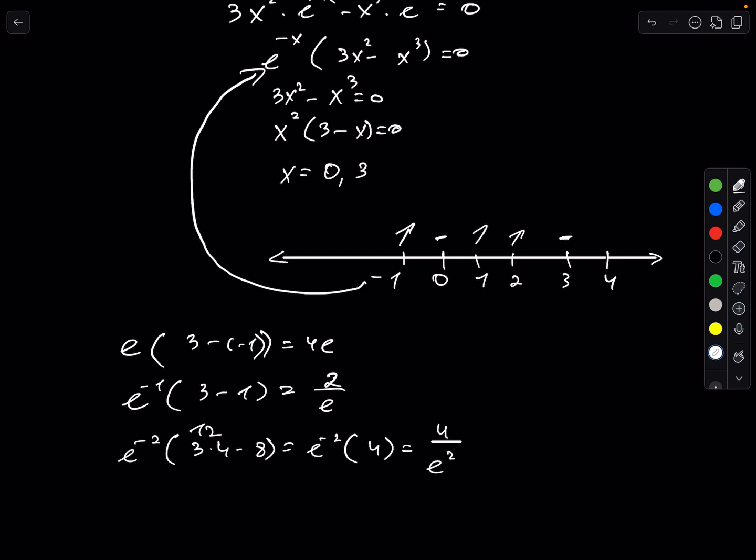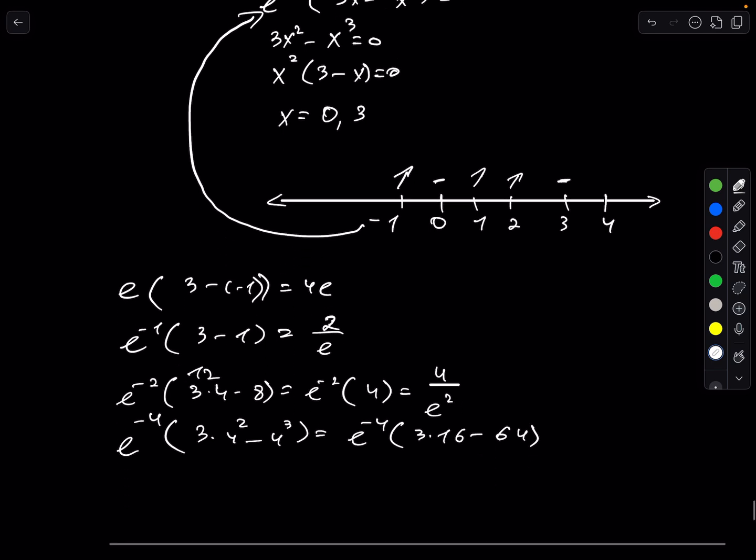And then we have 4. Let's apply the last value. 3 times 4 squared minus 4 to the third. Here we have 3 times 16 minus 64. Well, this is equal to 48 minus 64.